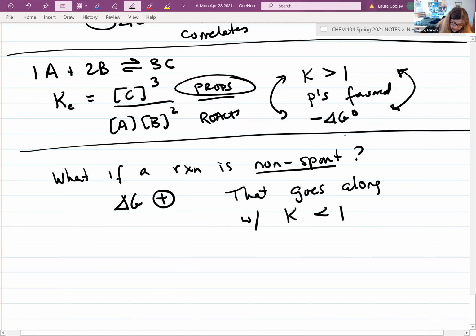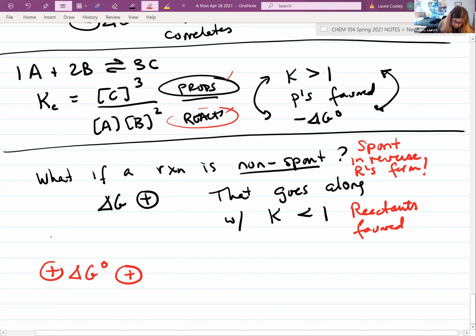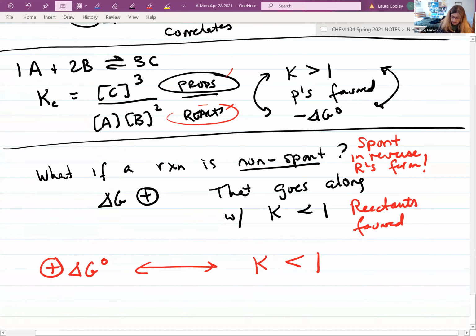It's actually spontaneous in reverse, which means the reactants form, which means the reactants are favored, which is true of K being less than 1 because reactants are in the denominator here. If they're greater than the product concentrations, then you'll have a value of K that's less than 1. So a delta G0 that's positive correlates with a K that's less than 1.